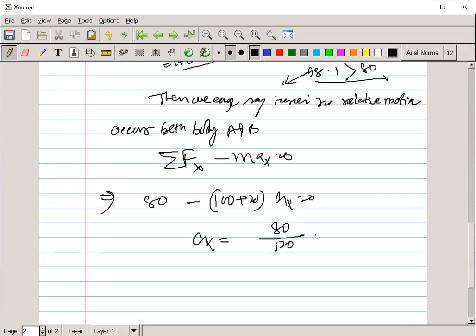80 divided by 120. How much is it? 80 divided by 120. 2 by 3 meter per second square. So this is the other answer.